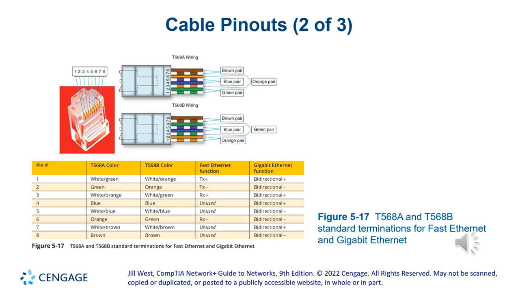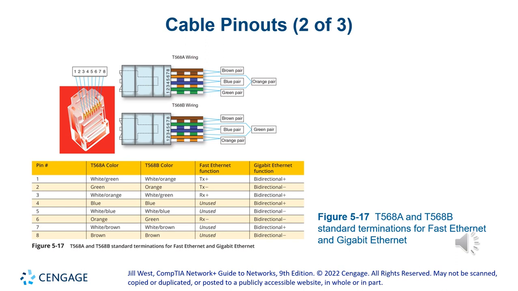It follows the same order: from top to bottom, you've got solid and then stripe, and then for the orange, you get solid and then stripe. And remember, blue is backwards. It's stripe and then solid.